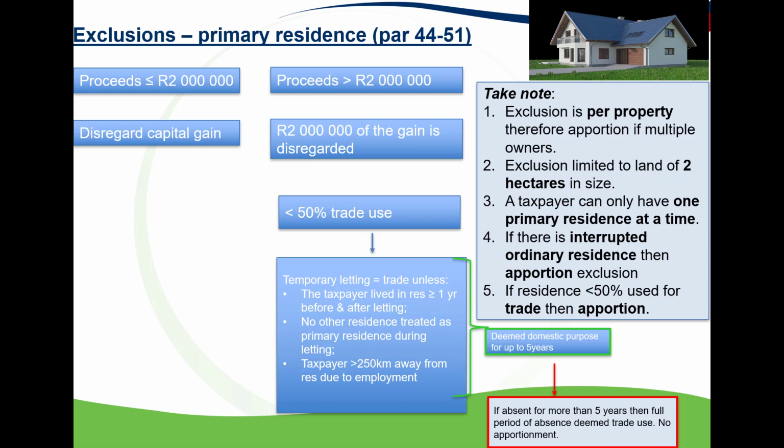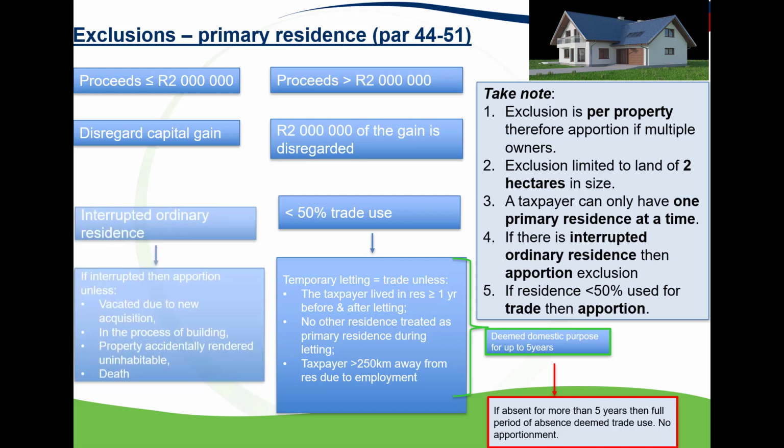Remember, the rules for a primary residence is that it must be mainly used for residential purposes, and mainly is more than 50%. So if you use your primary residence more than 50% for trade purposes, then it will automatically not qualify as a primary residence and therefore will not qualify for the exclusion.